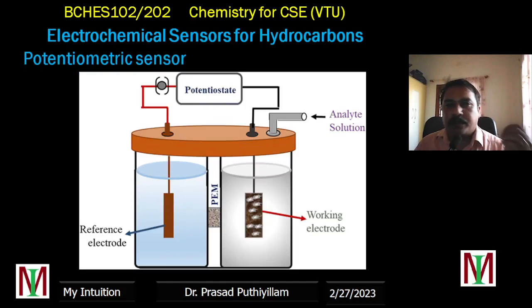The potentiometric sensor given here is the type we normally use in our lab. This is a schematic representation taken from some reference papers. It has a reference electrode and a working electrode, which will sense the analyte solution, here a hydrocarbon. Any sample you want to measure can be taken inside, then through the semi-permeable membrane, the potential difference will be measured by the potentiostat, and we can measure what type of hydrocarbon is present.